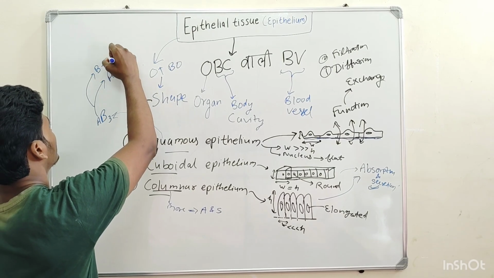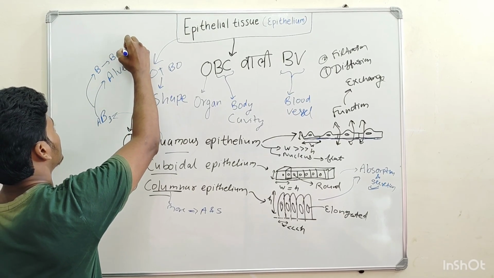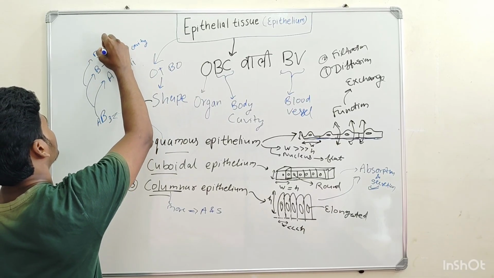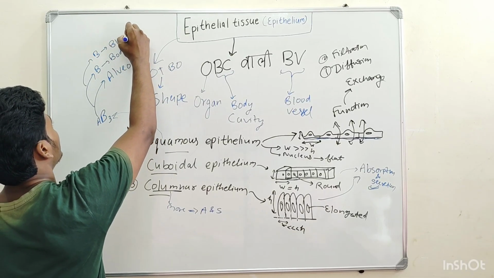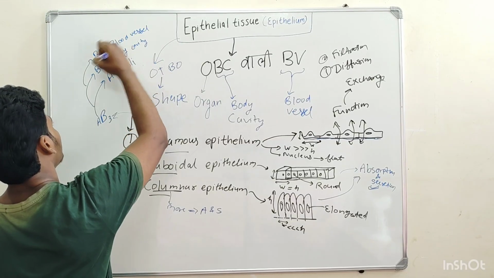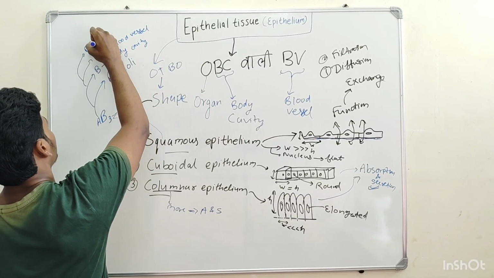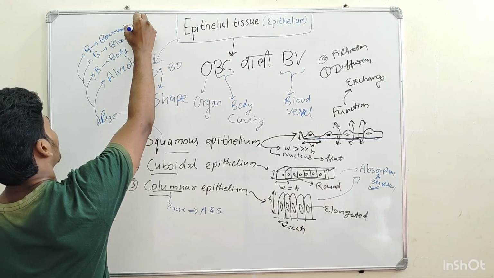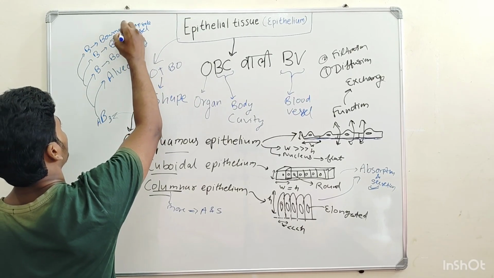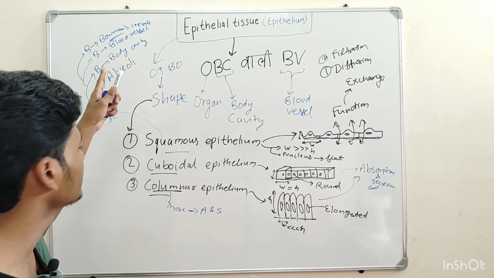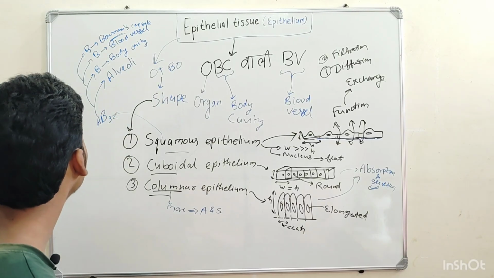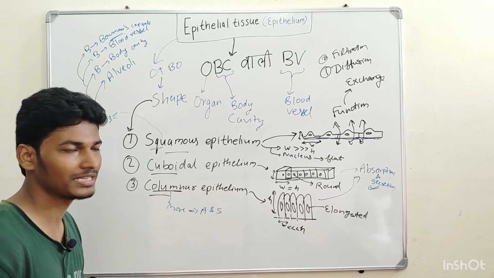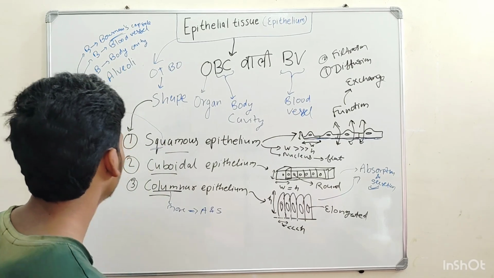First B stands for body cavity, another B stands for blood vessel, and the last B, Bowman's capsule. Bowman's capsule is a part of the nephron. So these are the examples of squamous epithelium. You can easily remember them from the trick AB3.